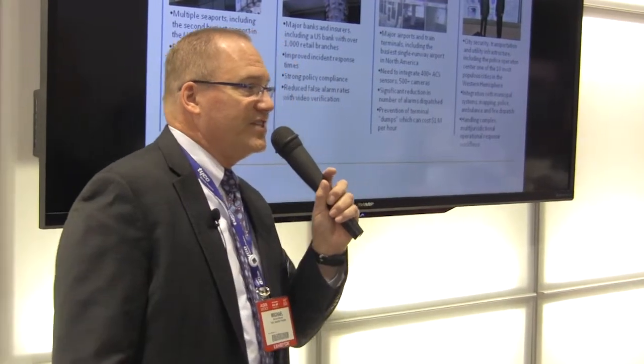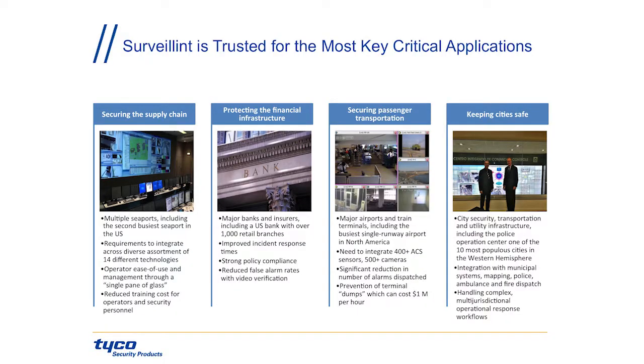Finally, keeping cities safe. Proximex Surveilint today is used by the police department of one of the 10 most populous cities in the Western Hemisphere. It's used to provide incident response for their police, their fire, and their ambulance services.